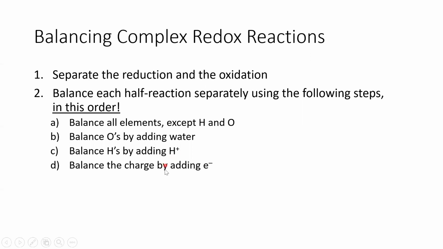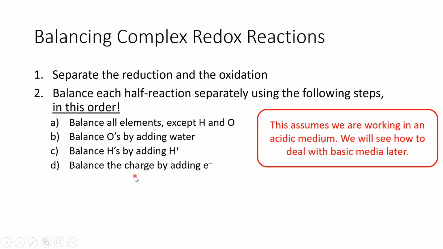And the last thing we do is we want to balance the charge, and we would do that by adding in electrons. And as long as we follow these steps, we're always going to have a balanced reaction. Now, we're going to assume right now that our reactions are in acidic solutions. We'll add a step on at the end if the question tells you it's a basic solution.